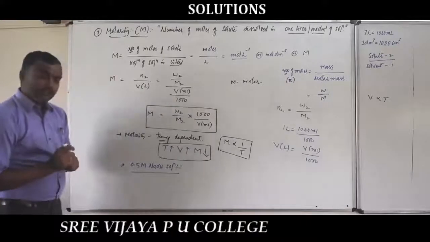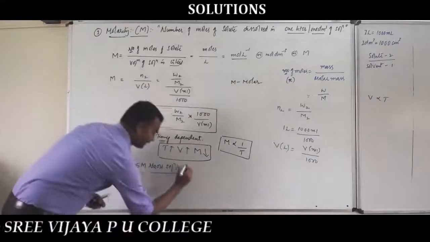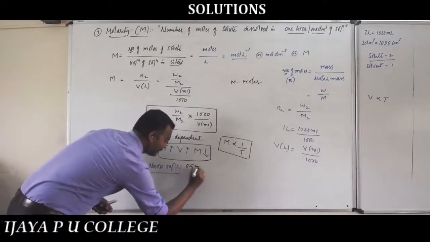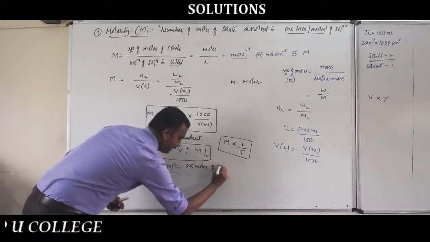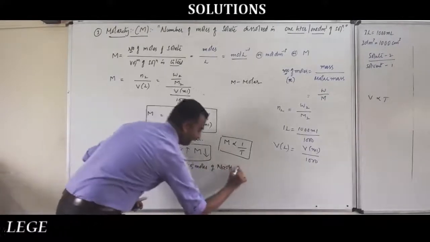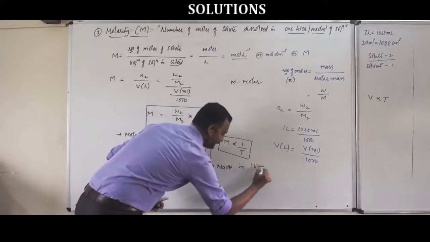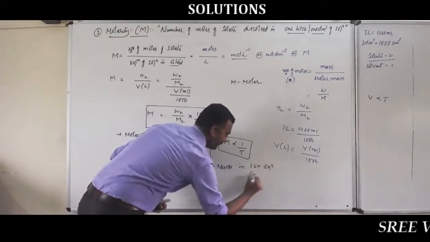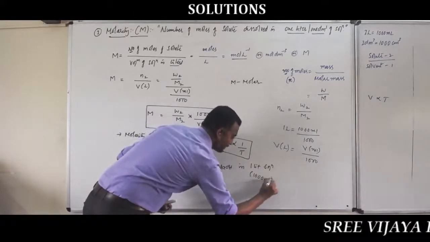So what is the meaning of 0.5 molar of NaOH? That is 0.5 moles of NaOH in 1 liter solution. 1 liter is nothing but 1000 ml of solution.